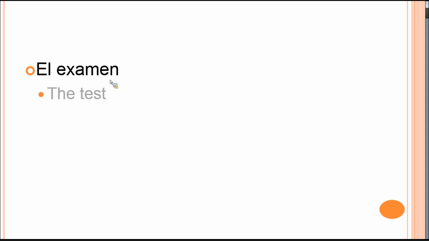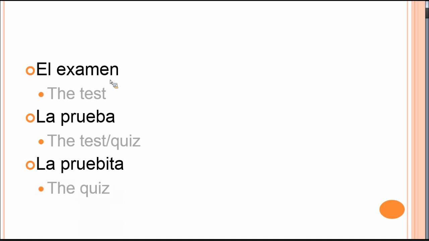El examen. La prueba. It can mean test or quiz depending on how it's used, either one. La pruebita, like a little quiz. Whenever you see those endings in Spanish, ita, ito, that's either saying something with affection or making it really little.